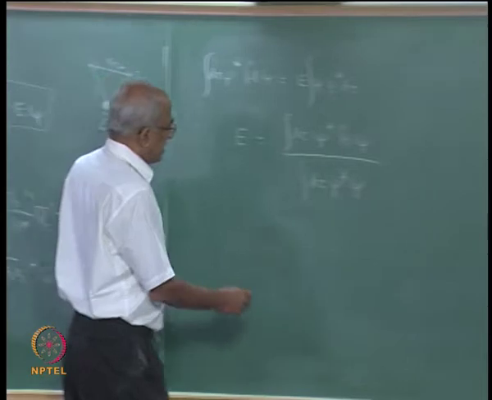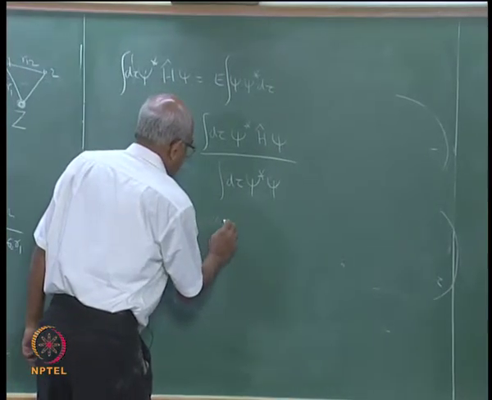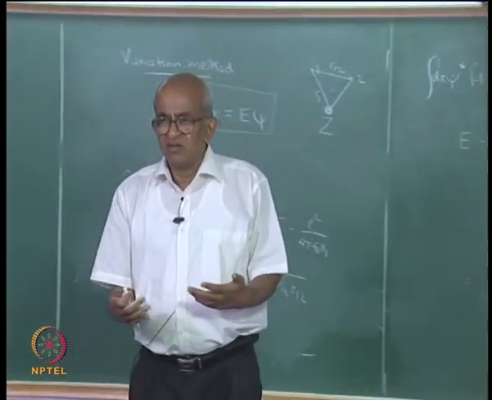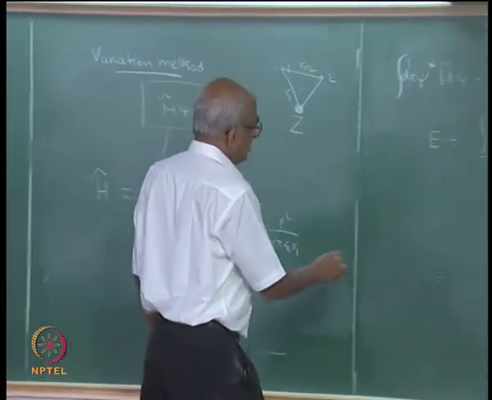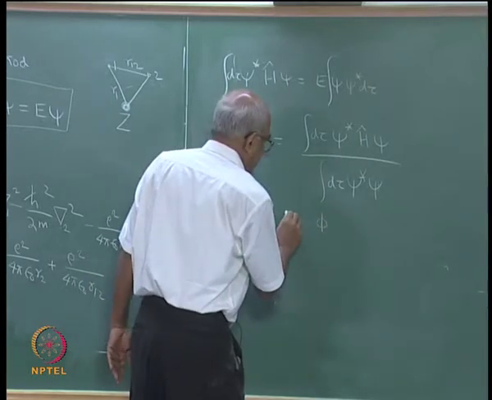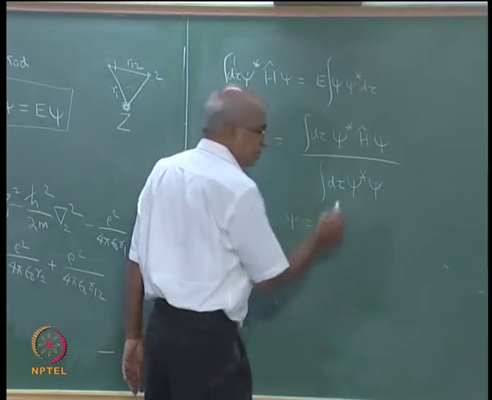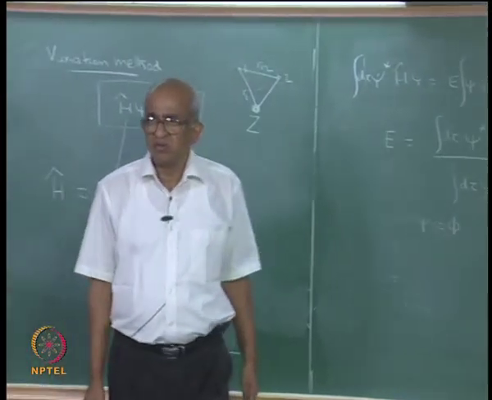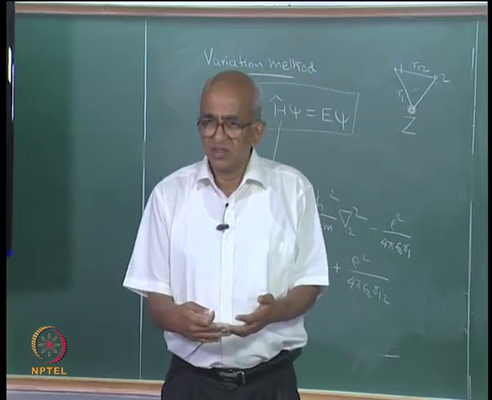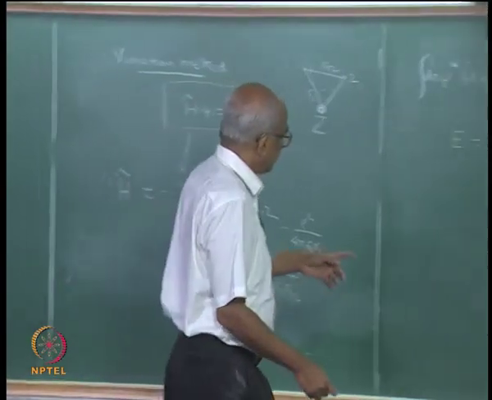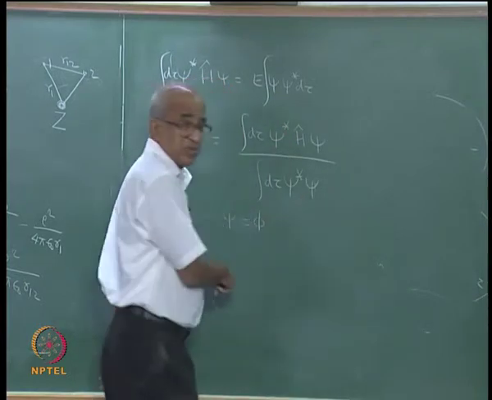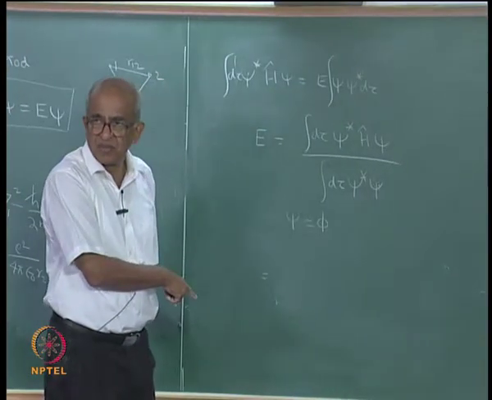So, let me say that I have an approximate wave function phi, which I am just guessing, right, and I suspect that phi is a fairly decent approximation to psi, and phi is not psi, because I have guessed it, right. And then what I will do is take this approximate function, and wherever psi occurs in here I can put that phi.